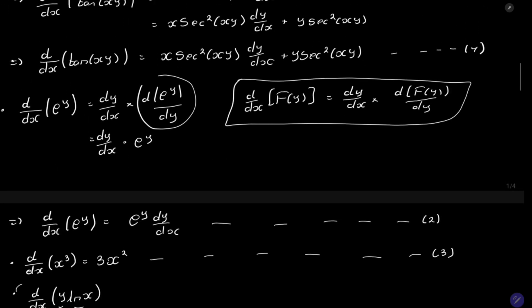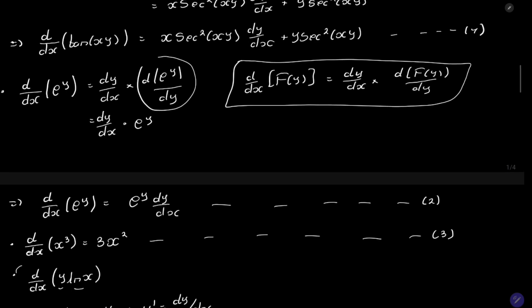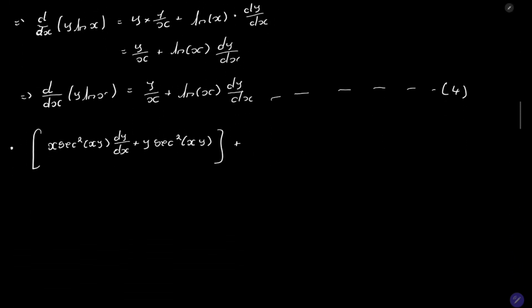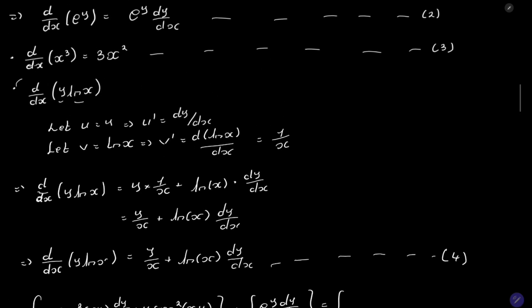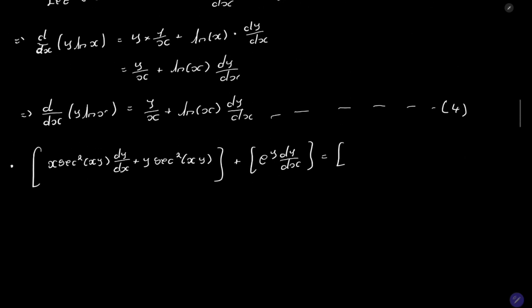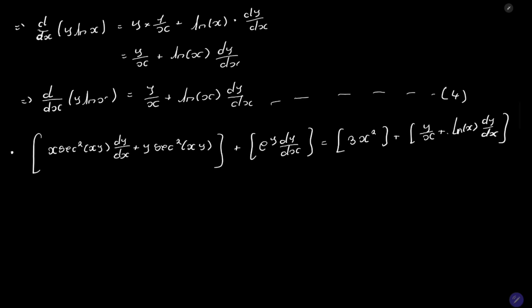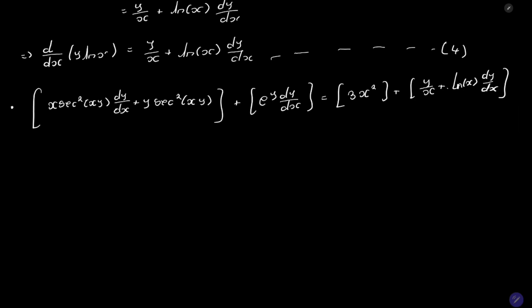That's our first term, plus our second term being e to the power y dy on dx, equals, our third term being 3x squared, plus our fourth term, y on x plus ln x dy on dx. Yes, that is it.